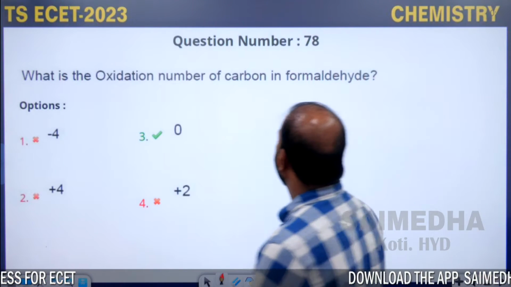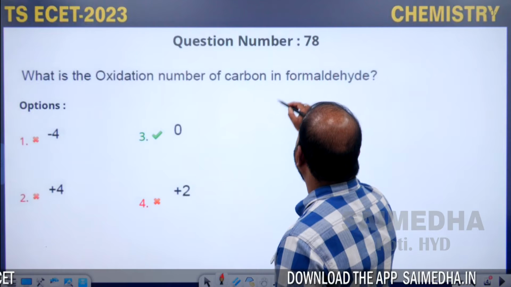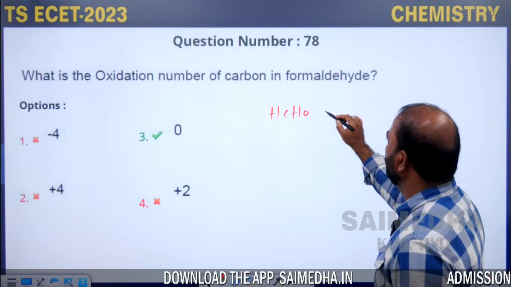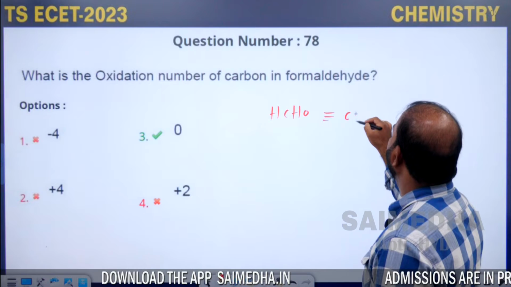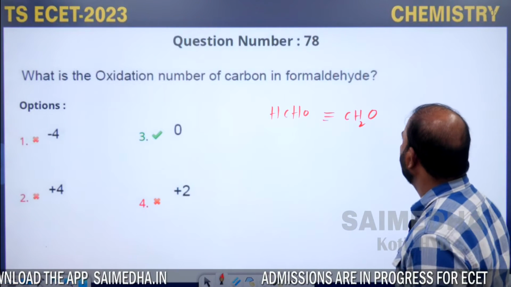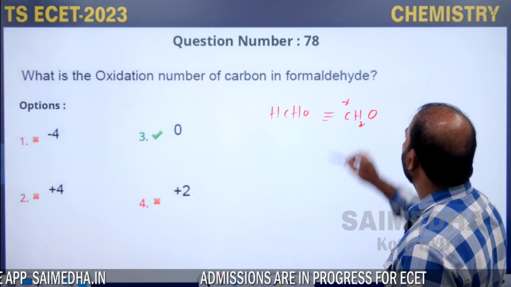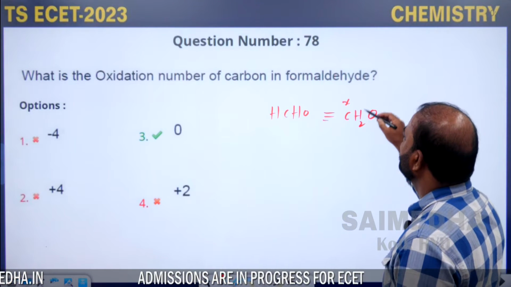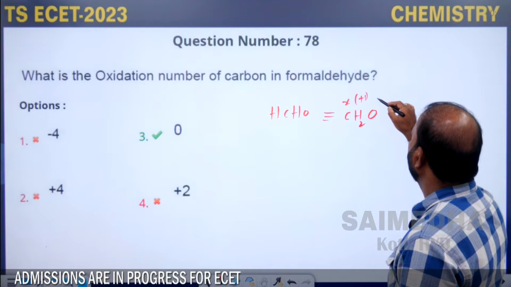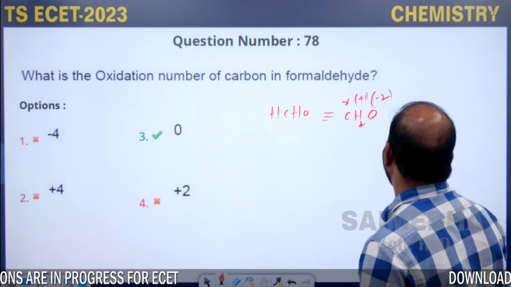What is the oxidation number of carbon in formaldehyde? The chemical formula for formaldehyde is HCHO, otherwise we can write it as CH2O. Then what is the oxidation number of carbon here? We don't know it, so assume X, and for each hydrogen the oxidation number is +1, for oxygen it is -2.